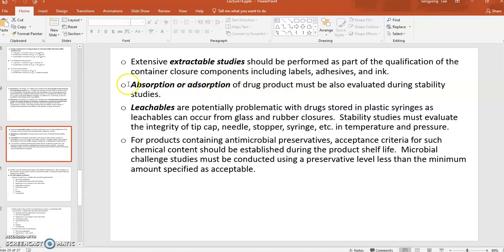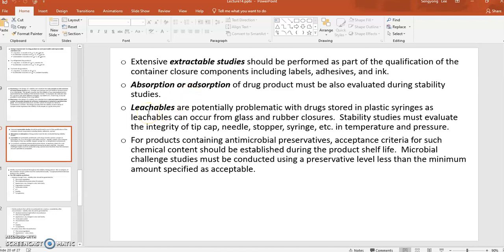But absorption is not only making contact, it's going into the material, maybe the syringe or vial. It's going in, penetrating through, and that we consider as absorption. It's absorbed through. That's what it means. So neither of them should happen. Then you'll lose your drug from the content, of course. So you probably don't want that. That should be evaluated so you don't lose your drug to the packaging material containers.